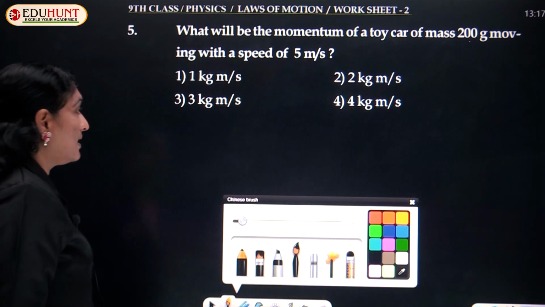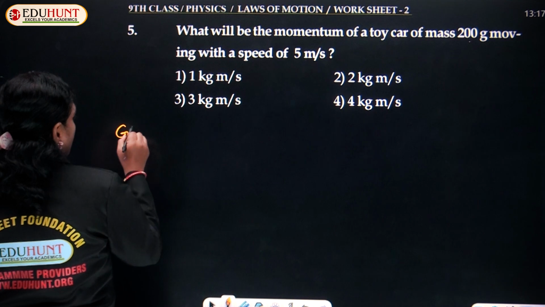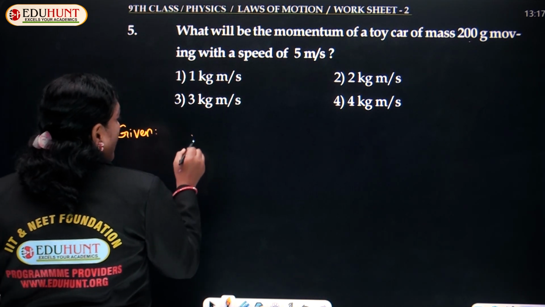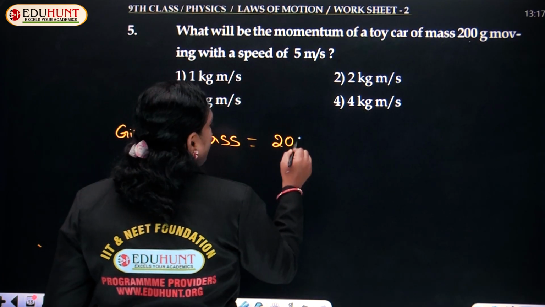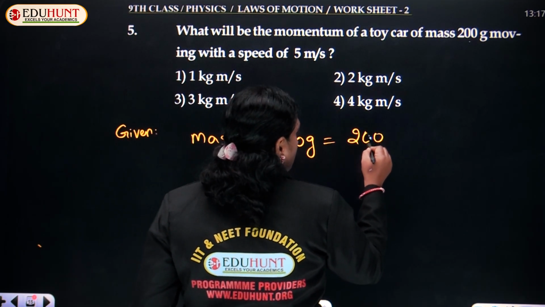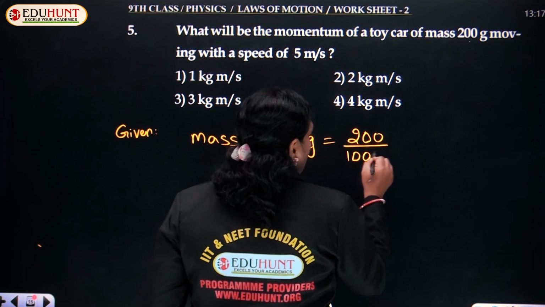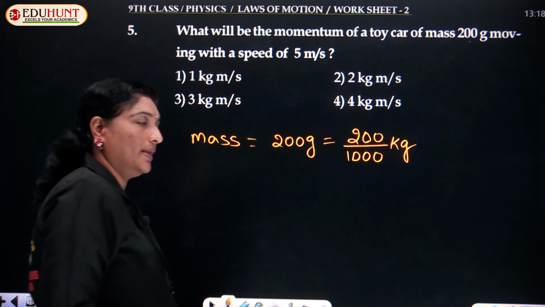So, let us convert it and then solve it. What is given children? It was given that the mass of the toy car is 200 grams, and in order to convert this into kg, you have to divide this by 1000 so that it will be turned into kgs.